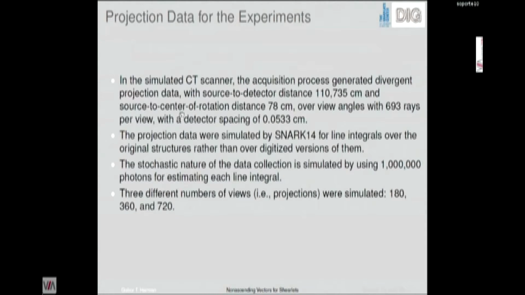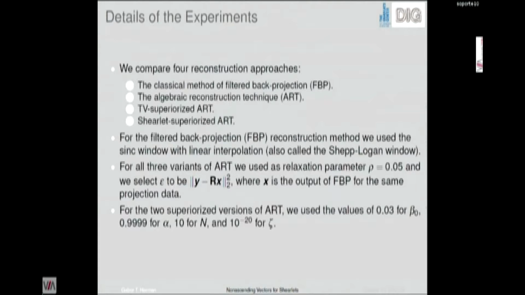The exact size of the geometry of the scanner doesn't matter. We calculated the line integrals, and we calculated projection data. And now we try to reconstruct from the projection data.